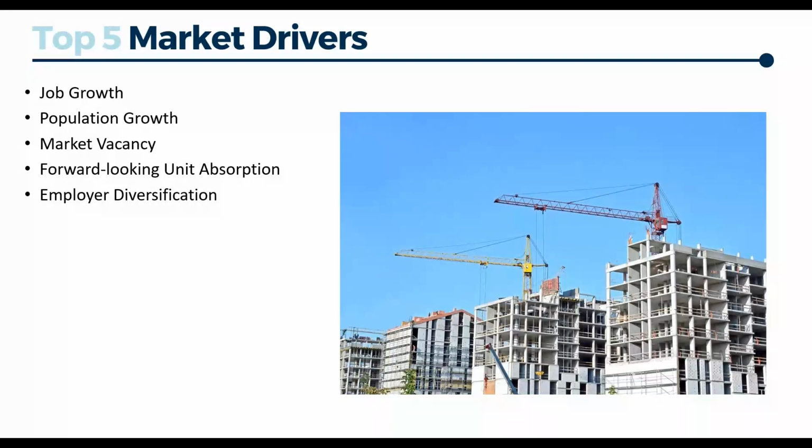Forward-looking unit absorption. So this really means based on what's under construction, what is planned to be under construction, how much is being delivered based on how much demand is expected, and is that positive or negative? Are more apartments being delivered than people to rent them, or more people coming than apartments available?